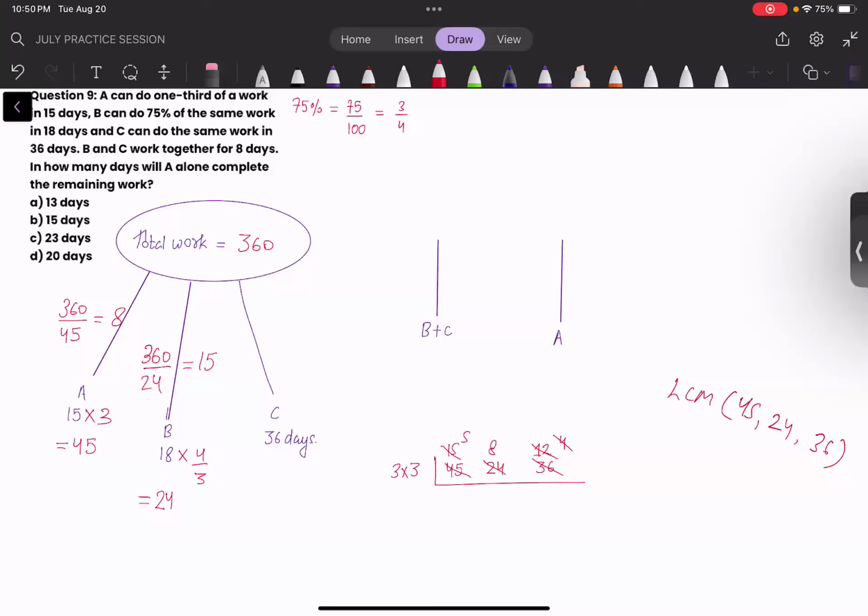Next, 360 by 36 gives you 10 as the work rate.